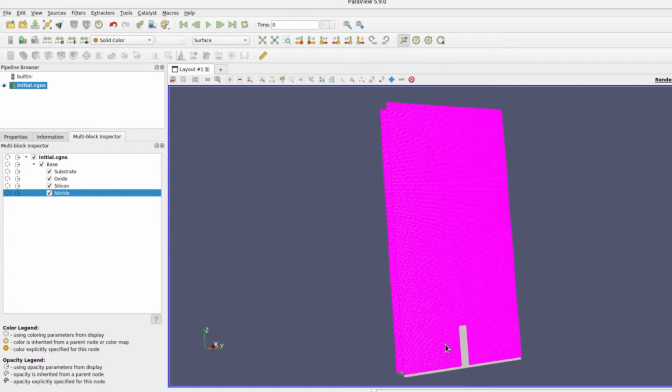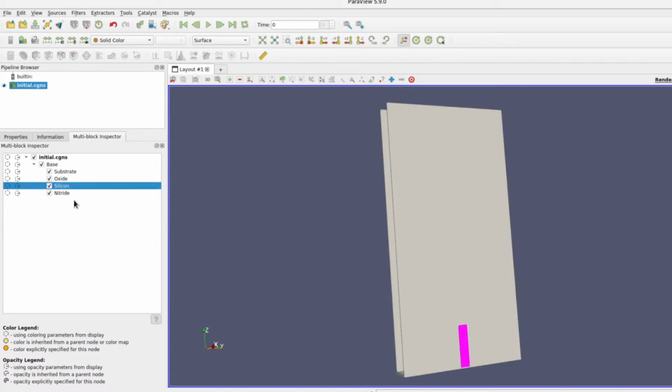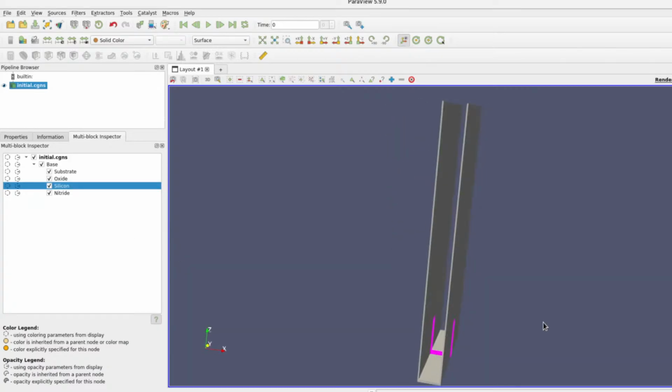And now you can see there is a certain V-shaped part, and that is actually the silicon. In this part we have a fin, and also in this part we have a fin. However, the intermediate region between one dummy gate and another dummy gate is etched away.